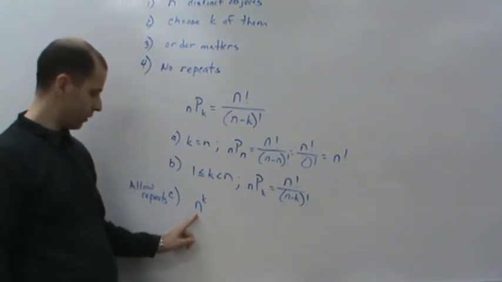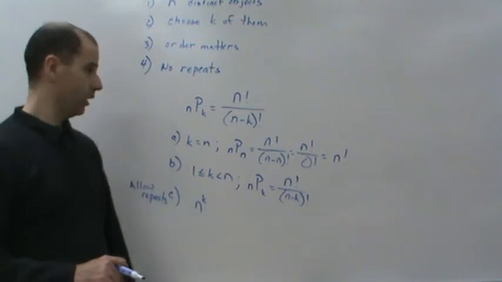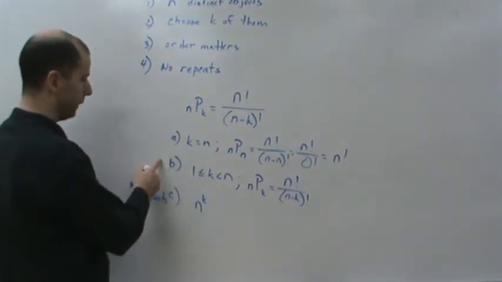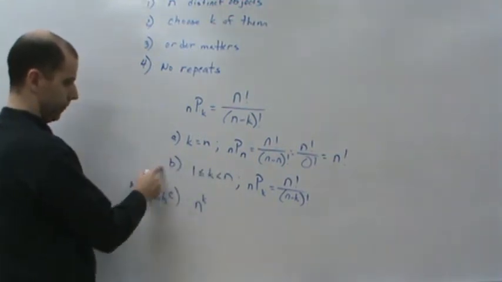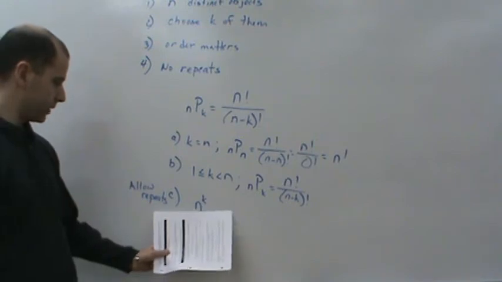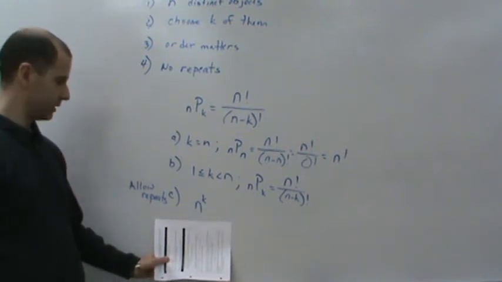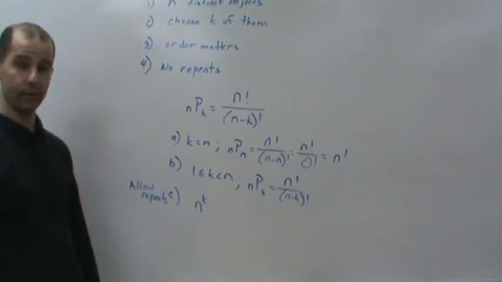So that means it's just going to reduce to n to the k. So again, for parts A and B, we're going to use this formula for the number of permutations. For C, if you allow for repeats, then it's just n to the k, and that's it.